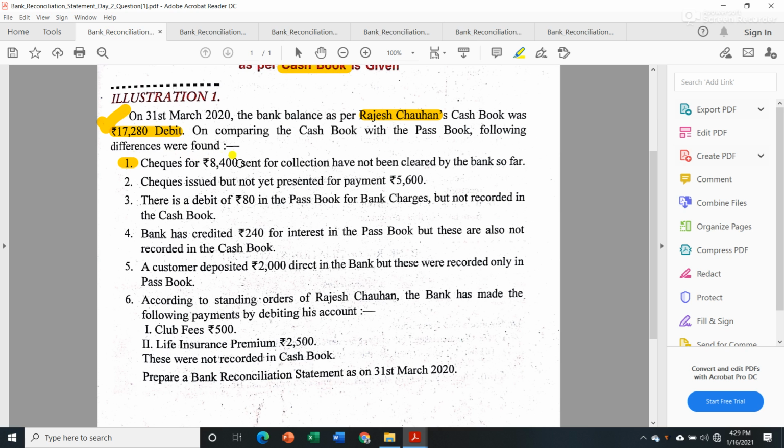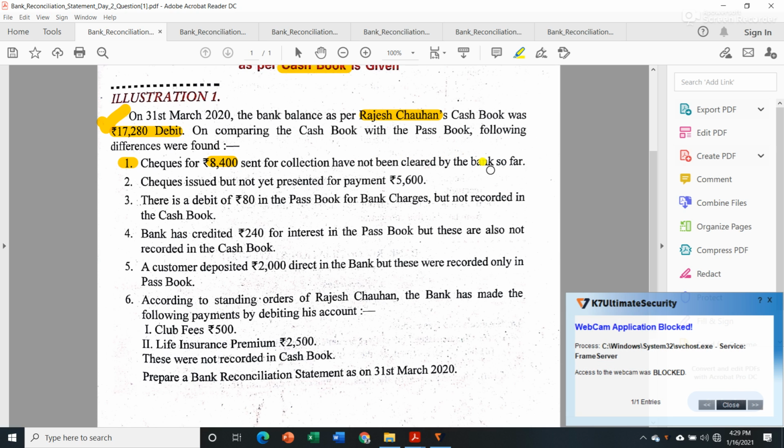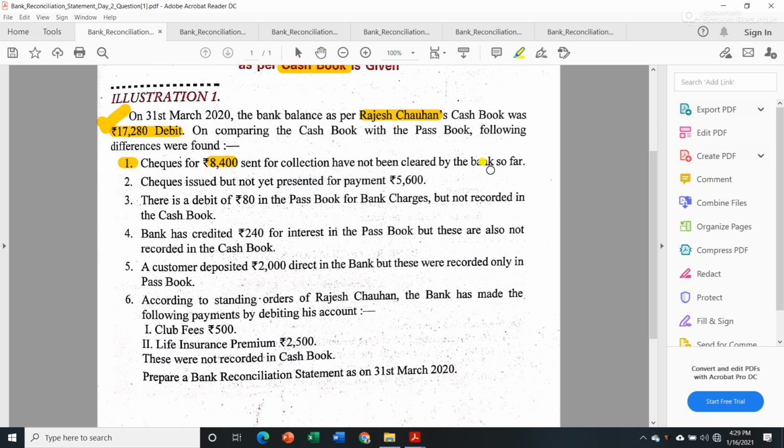Checks for 8,400 sent for collection have not been cleared by the bank so far. That means a check worth rupees 8,400 was sent to the bank for collection. We have already entered it in our cash book, but so far we have not received any actual cash in our bank account. That means our passbook is showing less money as compared to the cash book.